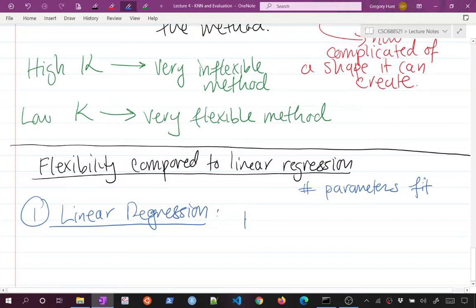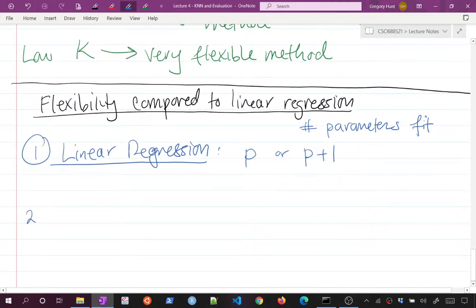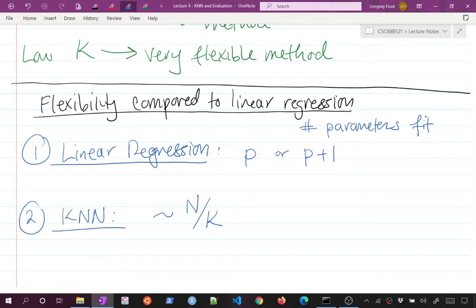So for regression, I have basically p, or p plus 1 if you include an intercept. For KNN, there's an interesting question about how many parameters my model has. We didn't parameterize it in terms of beta or anything like that. The answer is basically we have n over k parameters in some sense. So n being the number of training points and k being the number of neighbors I use.